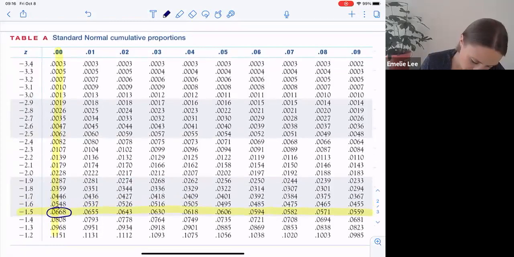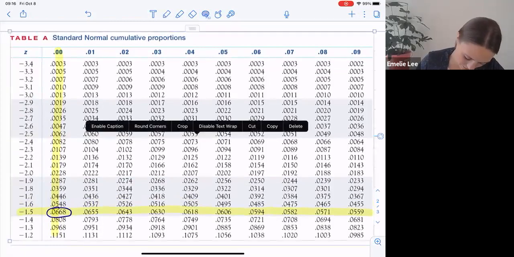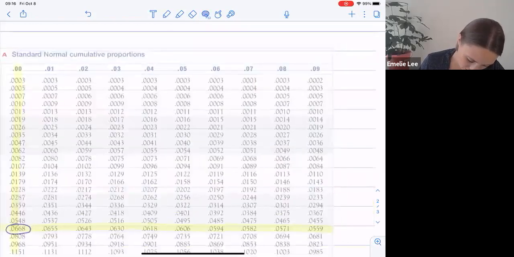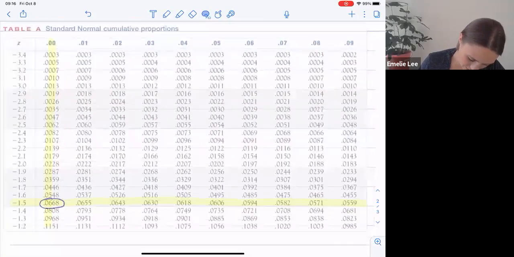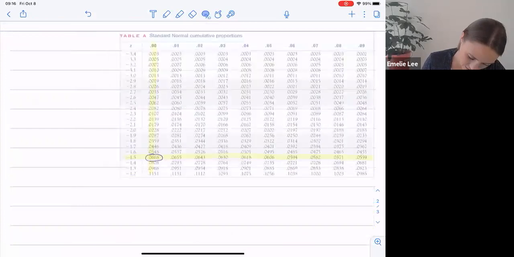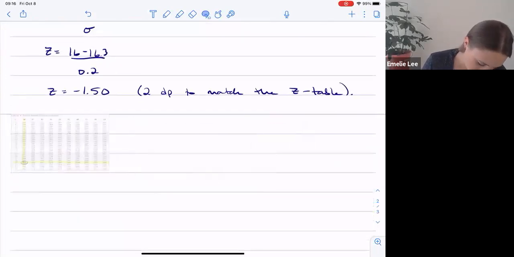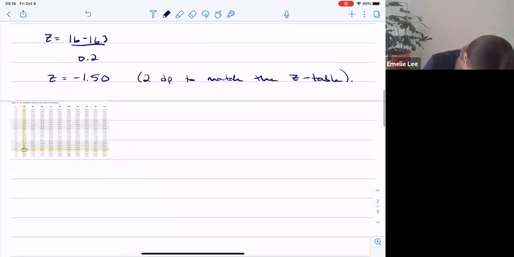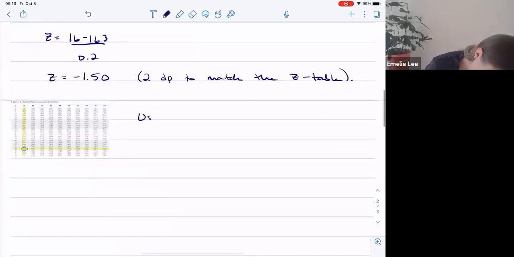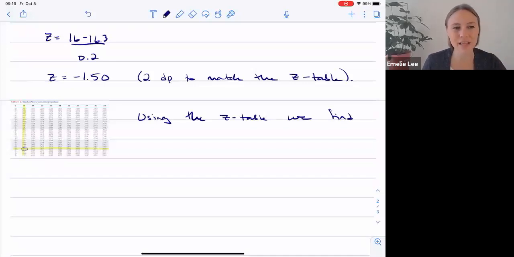Okay. So as promised, I'm going to shrink this up here. Using the Z table, we find the area to the left.